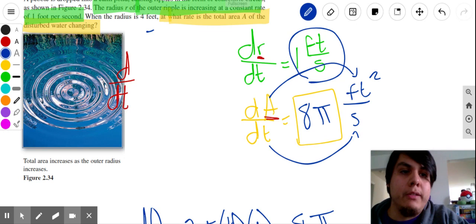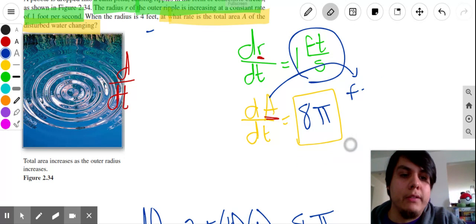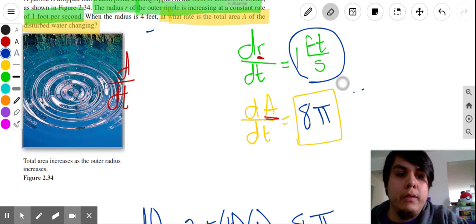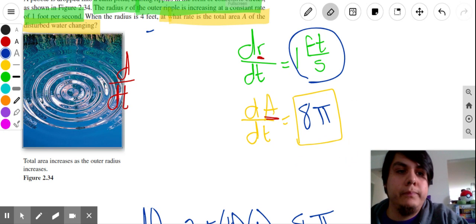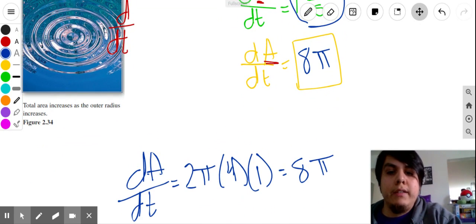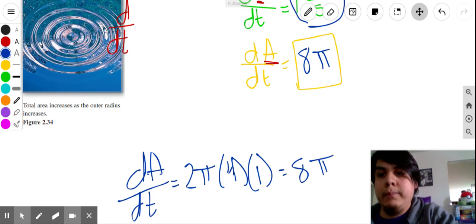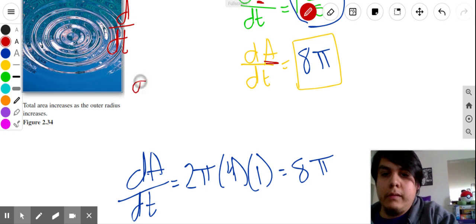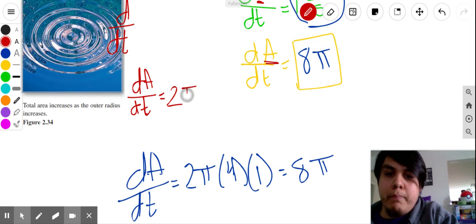So let's do it that way too to make sure we cover our bases. We had dA/dt equal to 2 pi r dr/dt.